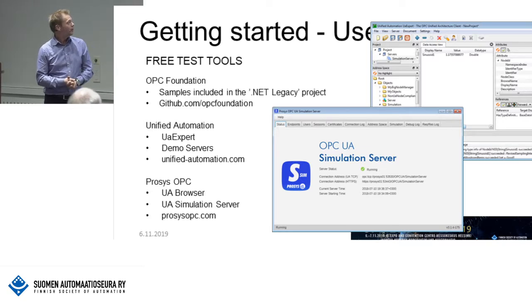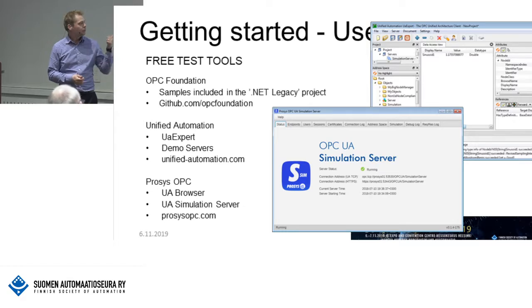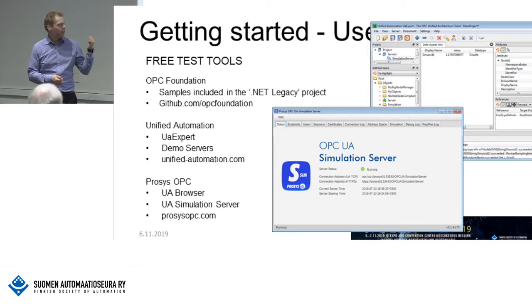And there are some well-known providers of free test tools in principle. Of course, the OPC Foundation, GitHub, you can go and check the .NET Legacy project samples, and then there is Unified Automation and us.